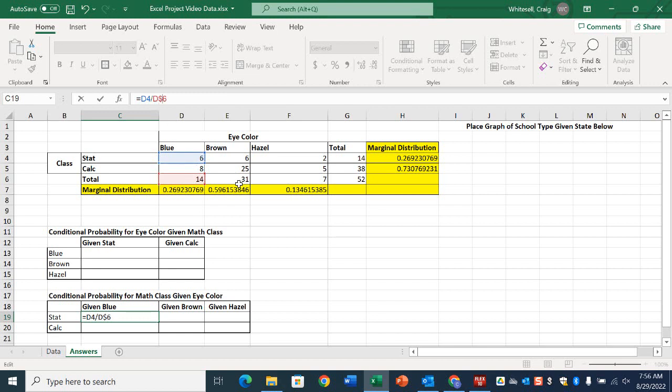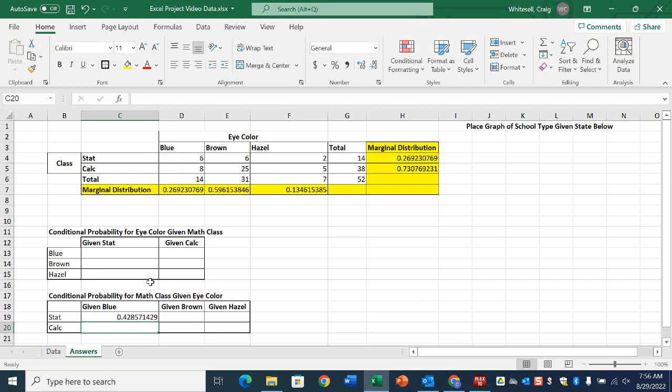All of my totals are here on this sixth row, so we're not going to change that. But we do want to change the column for my denominator. For brown eyes, I want the column to change to E, and for hazel eyes, I want the column to change to X, but I don't want the row to change from 6.